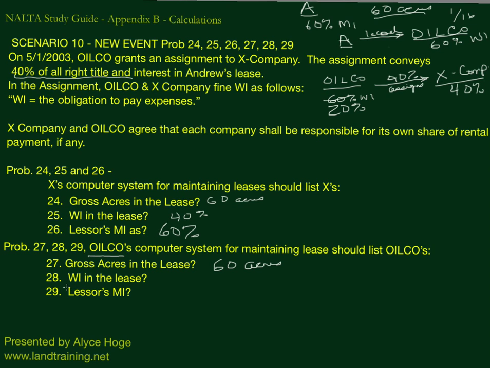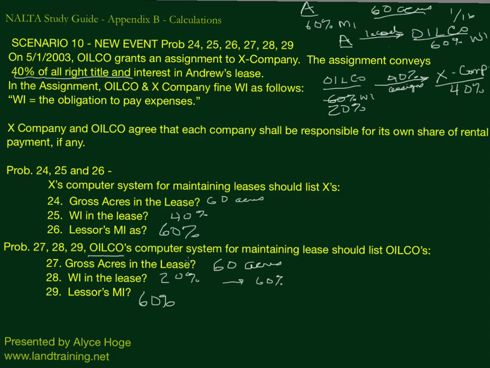So Oilco's working interest in the lease right now is really 20%. Now, your answer says it is 60%. And that may be true before the assignment, but after the assignment, their interest is reduced to 20%. And then the lessor's mineral interest, same thing, does not change, 60% mineral interest.